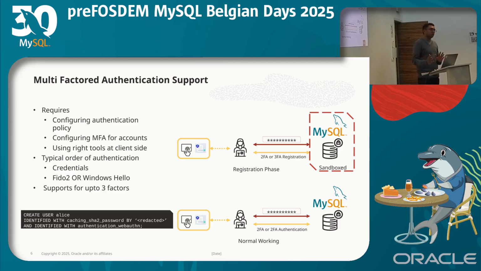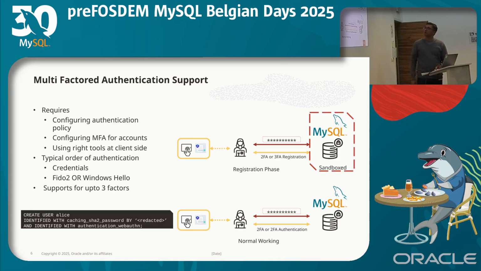Typical usage of this feature that we have seen is the first is a credential which is stored in MySQL, and the second is a device which a user has. So when a user starts in the registration phase, just after the account is created, they get very limited access. The only thing they can do is configure the second factor or third factor authentication.